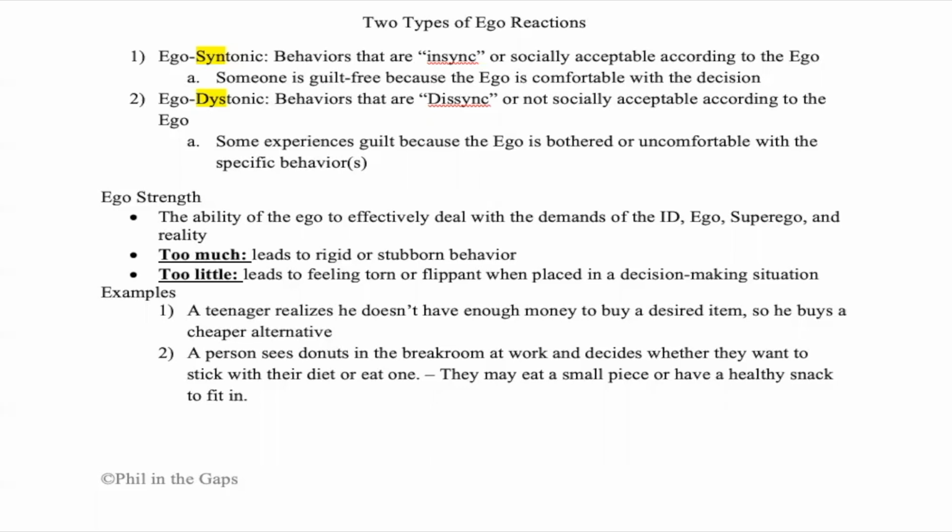But it's not the only thing related to decisions that are made by the ego. There is this concept called ego strength. Ego strength is the ability of the ego to effectively deal with the demands of the id, itself, the ego, and the superego, as well as reality.